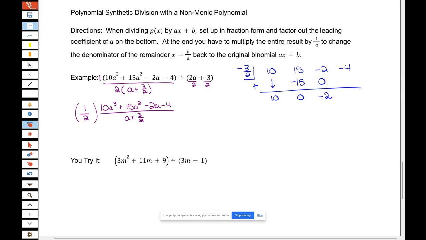Negative 2 times negative 3 halves is just 3. So it looks like my remainder is negative 1. Just double checking my arithmetic. Yeah, we look good here. All right. So that means my answer on the way is, oops, my pen just decided to die.